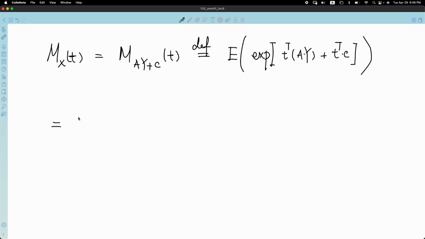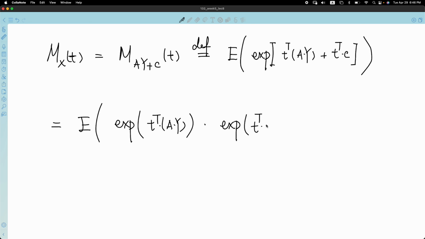So we have the expectation of the exponential of t transpose Ay, multiplying the exponential of t transpose c. The exponential of a sum is the product of exponentials.